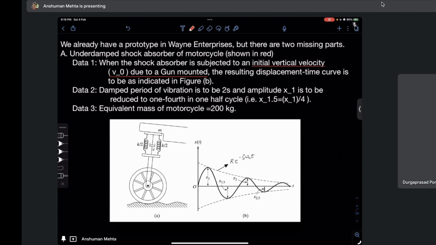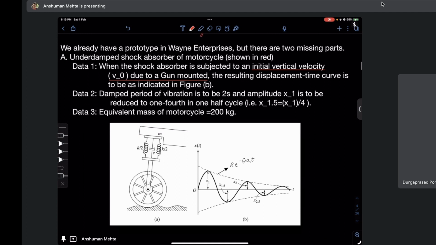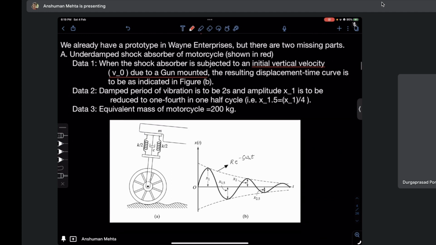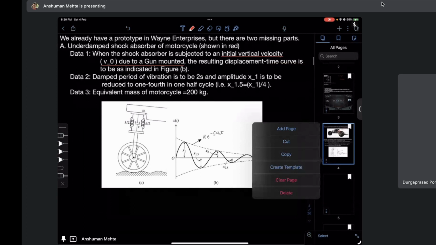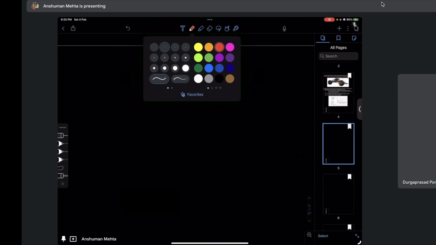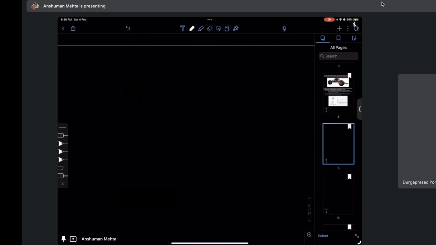If x1 is the first deflection in one direction, then x1.5 is the deflection in the other direction. So our task is to find the maximum recoil velocity it can withstand, and also find the stiffness and damping constant.